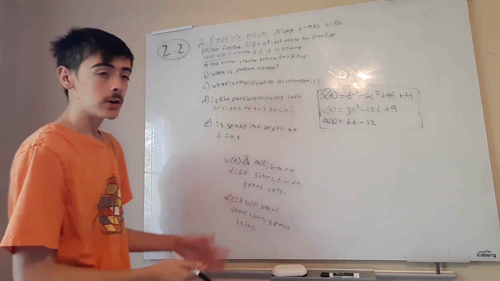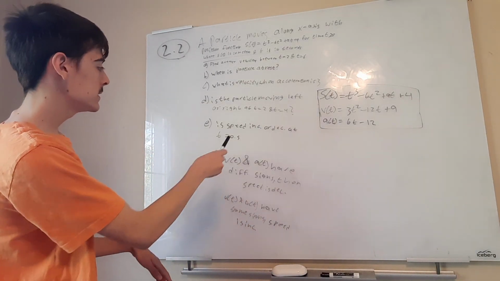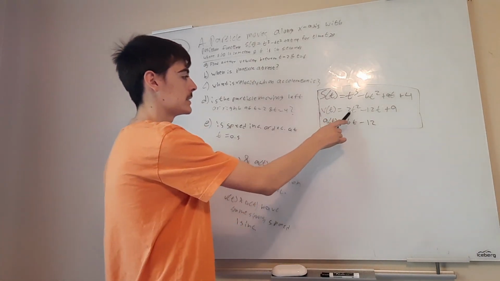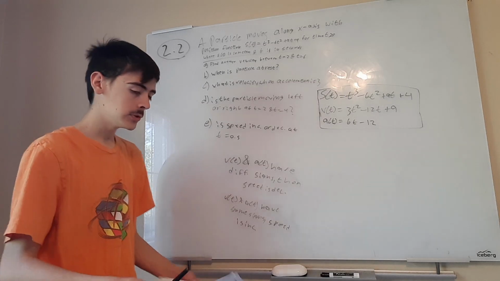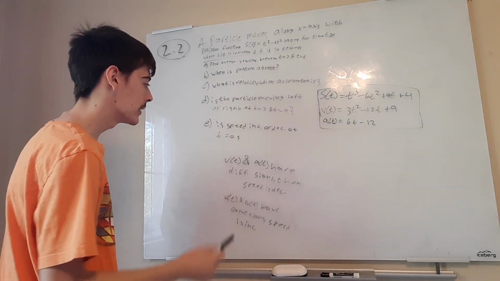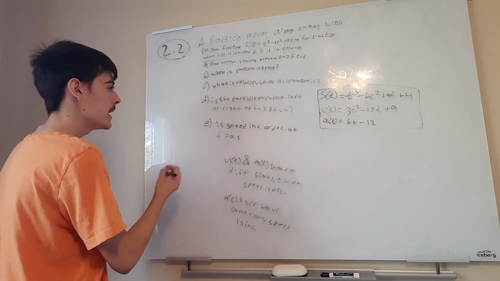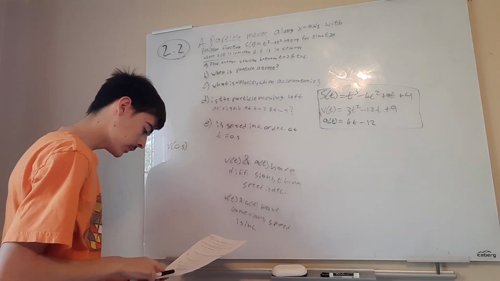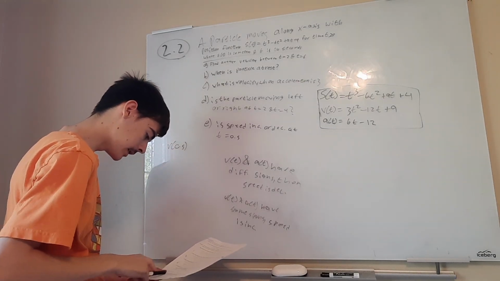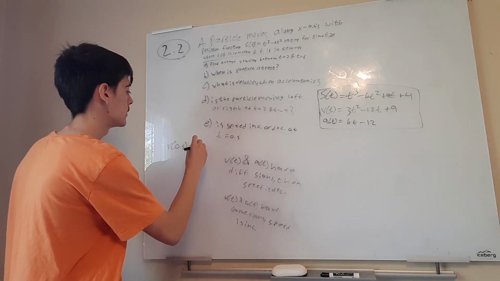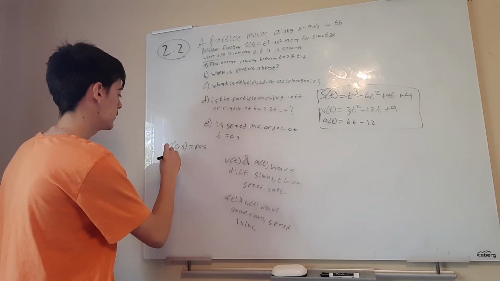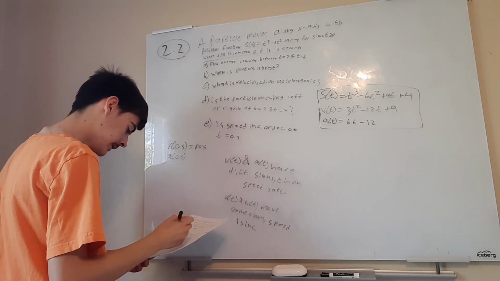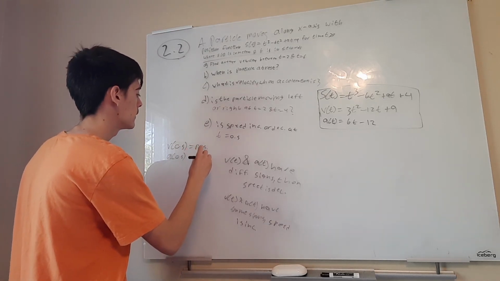So using this for our problem, we want to know if the speed is increasing or decreasing at t equals 0.5. These are not the nicest functions to plug 0.5 into, so this is one you would definitely want to use your calculator for, so I'm just going to help you out here. If we did v of 0.5, we would get a positive number. And if we did a of 0.5, we would get a negative number.